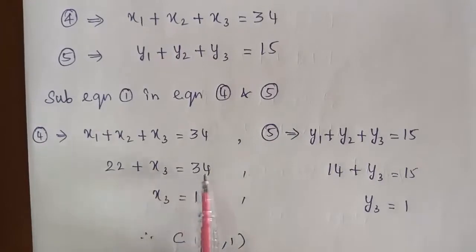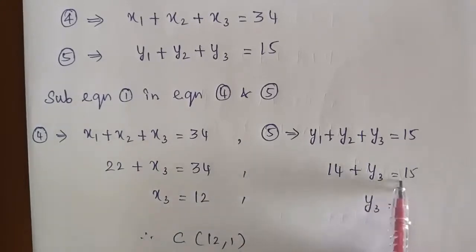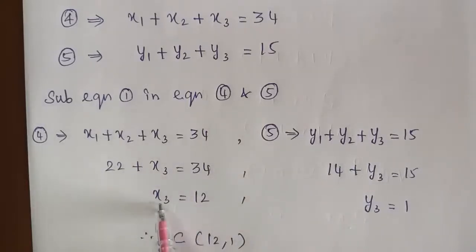So x3 is equal to 34 minus 22. So x3 value is 12. Similarly 14 plus y3 is equal to 15, so y3 is equal to 15 minus 14. The value of y3 is 1. Therefore the C coordinate is nothing but (x3, y3), so C is (12, 1).